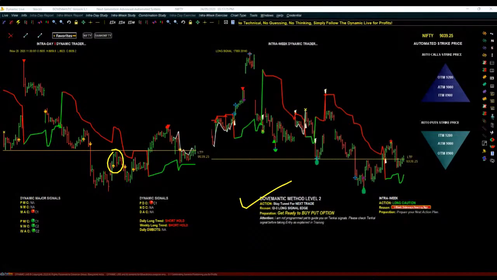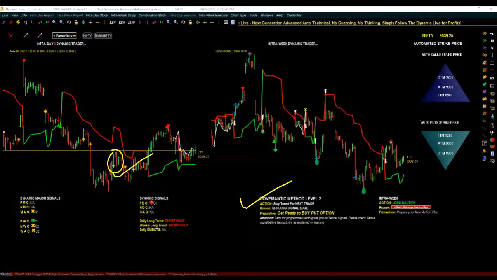Checking some other script to take a decision in your script is called Tenkai signal. Got it? T-E-N-K-A-I. So if you're trading in Nifty, go check Bank Nifty because Bank Nifty is your Tenkai signal. If you're trading in Bank Nifty, check Nifty because Nifty is your Tenkai signal.